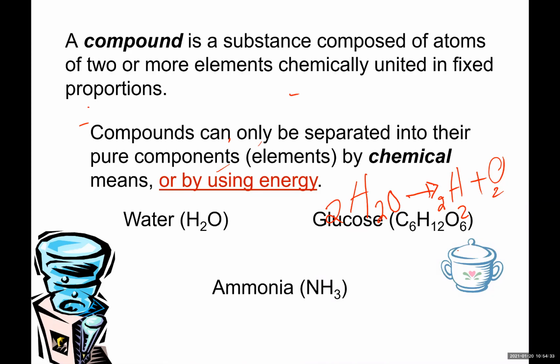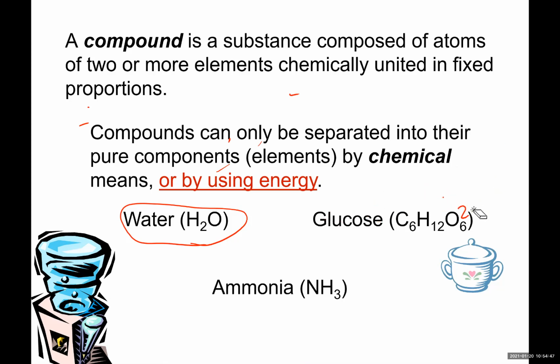So examples of compounds. Water is composed of a combination of two different elements with a fixed ratio. Example of another compound, glucose. It's composed of three elements. The ratio is fixed. Ammonia is a compound. It's composed of nitrogen and hydrogen.